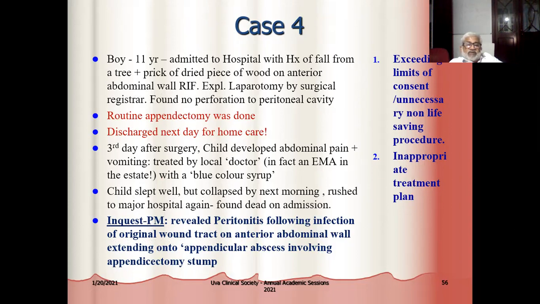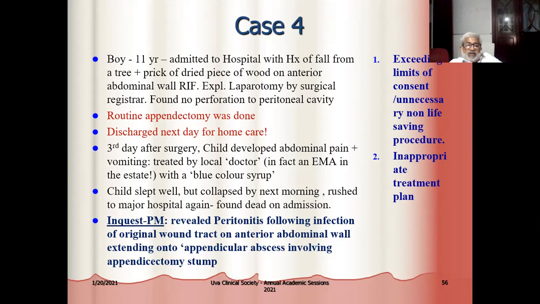Third day after surgery, the child developed abdominal pain and vomiting, being at home. Treated by a local doctor, in fact an EMA, estate medical assistant, in the estate where he lives, with a blue color syrup, probably Phenergan syrup. Child slept well, but collapsed by next morning.